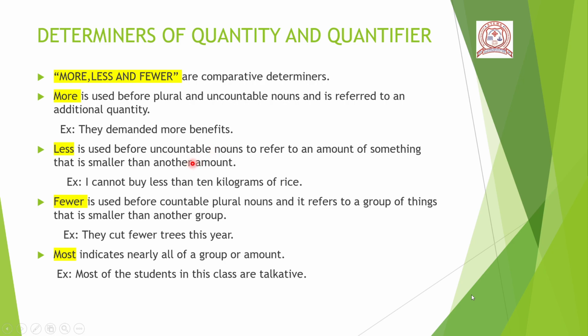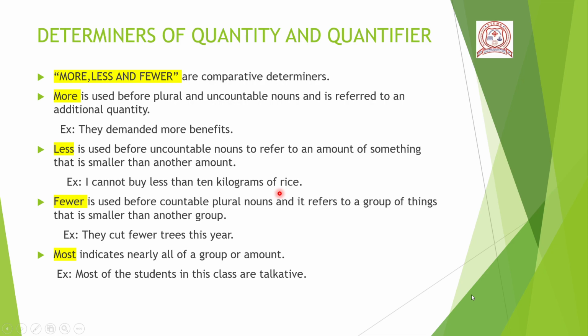Next, less. Less is used before uncountable nouns to refer to an amount of something that is smaller than the present amount. Example: I cannot buy less than 10 kilograms of rice.